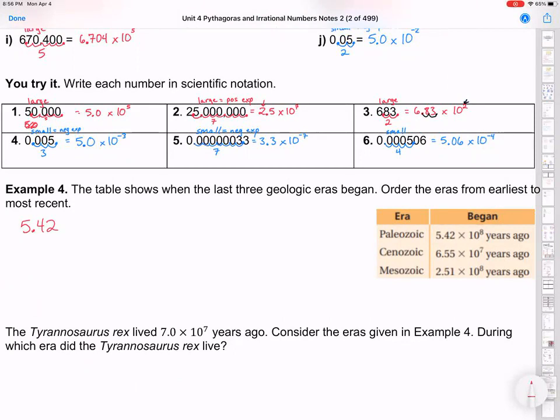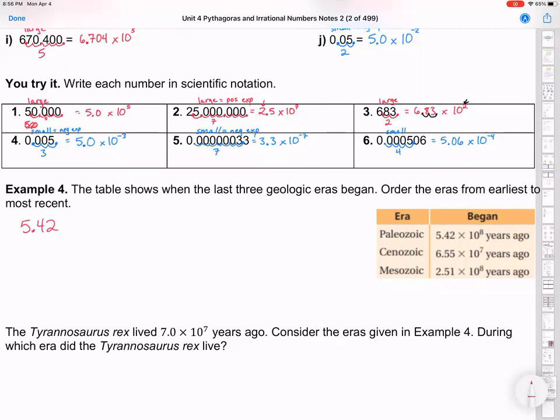There's a couple of ways we can do it. Personally, I would probably make this into standard form and then just compare numbers, but we'll see both routes so you can choose which one you prefer.